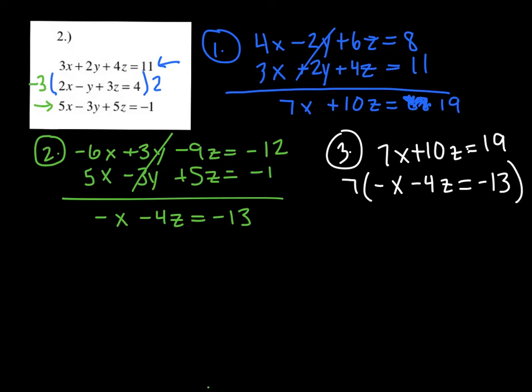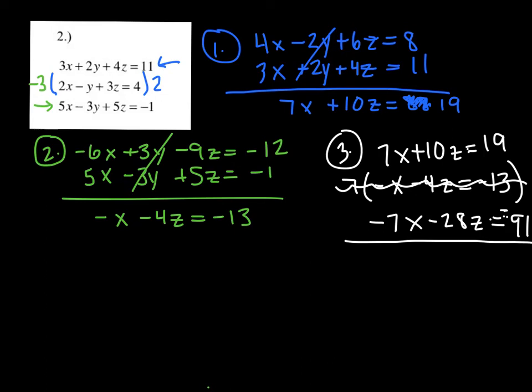So if we multiply this times 7, this will become negative 7x minus 28z equals negative 13 times 7, which is negative 91. So that means that equation is essentially gone, and we can add the top one with this new one.